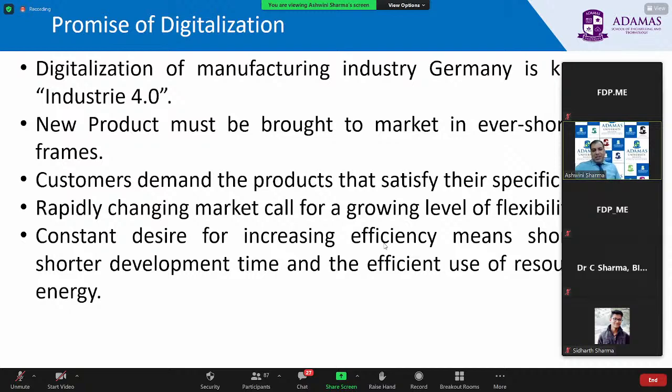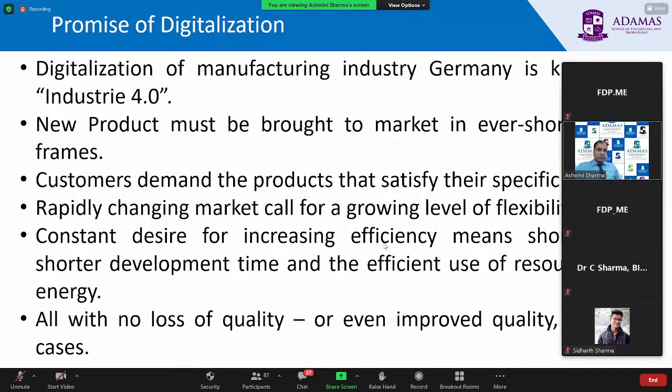So in that area, we need to increase the efficiency and productivity, development time should be reduced, and we need to utilize the resources, man, material, machine, or other commodities or utilities, in a very, very efficient way. Energy is one of those aspects which is required by all the industries. So if we are reducing that, obviously the cost of production is going to be reduced. So we know that.